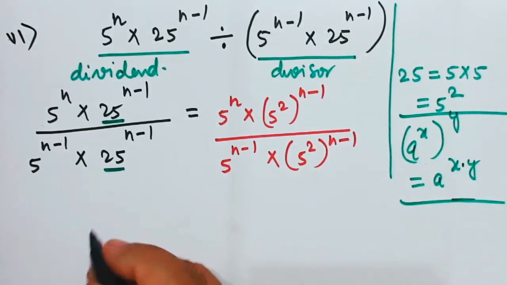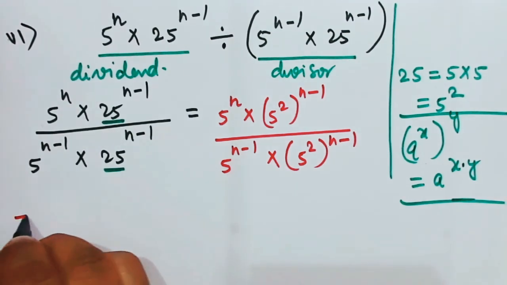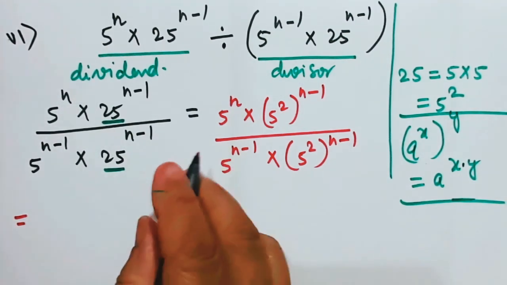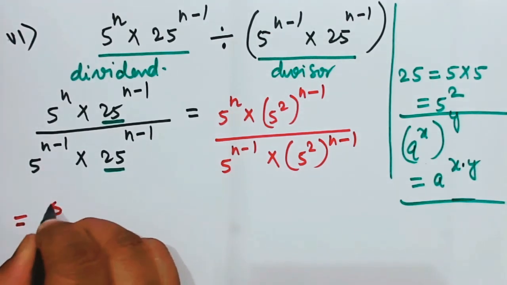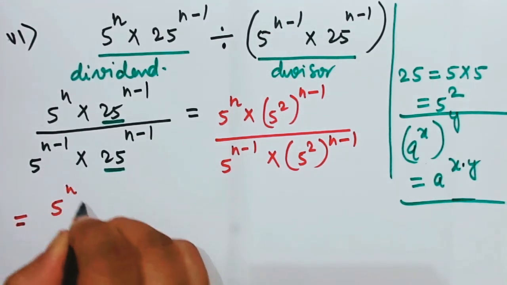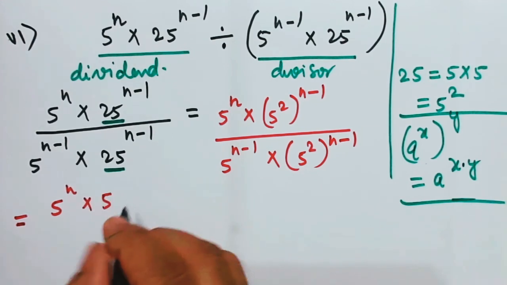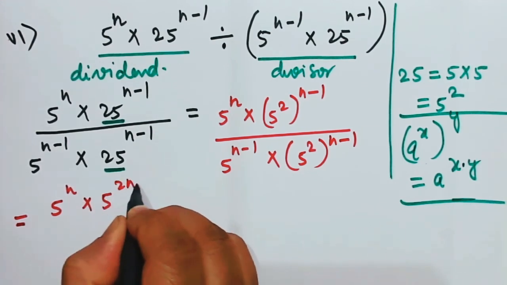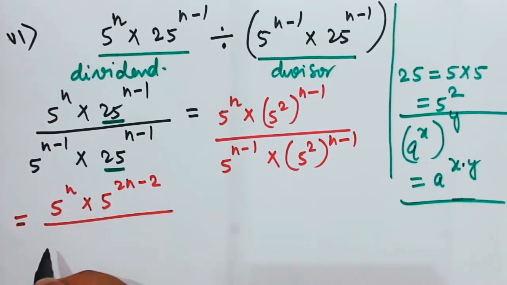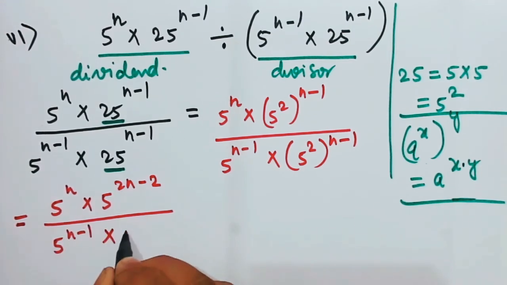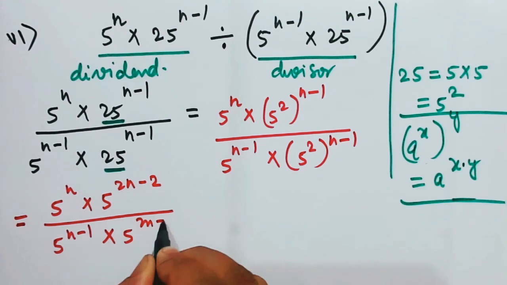These are the little things which you will have to keep in mind while solving. Otherwise, 5 to the power n multiplied by 5 to the power 2n minus 2, divided by 5 to the power n minus 1 into 5 to the power 2n minus 1.